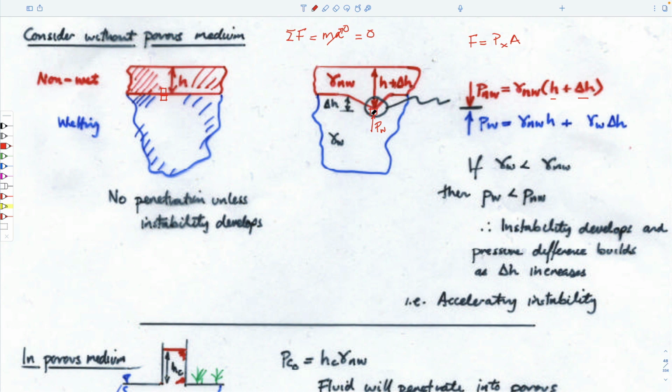And so the force acting here, from what we know, if we move horizontally, we know that the pressure acting at this point will be equal to this height of fluid plus this depth of water. And so the amount of force acting at this point is going to be the unit weight of the non-wetting fluid down to this point, plus the unit weight of the wetting fluid underneath this.